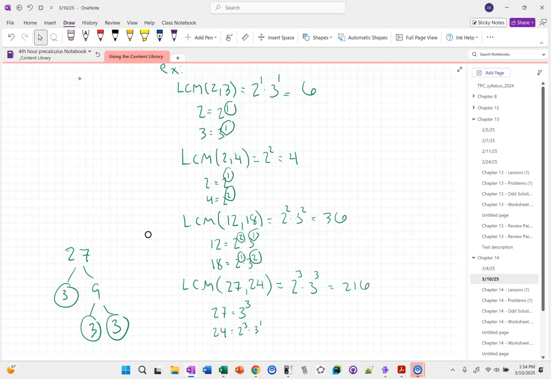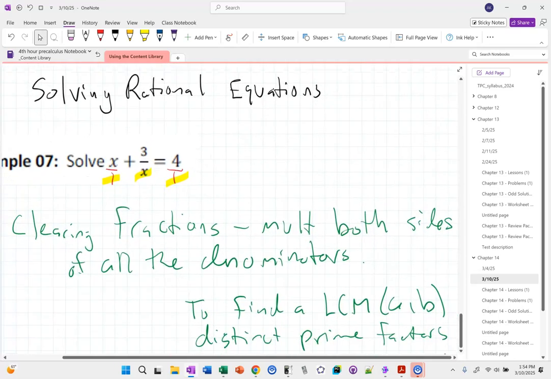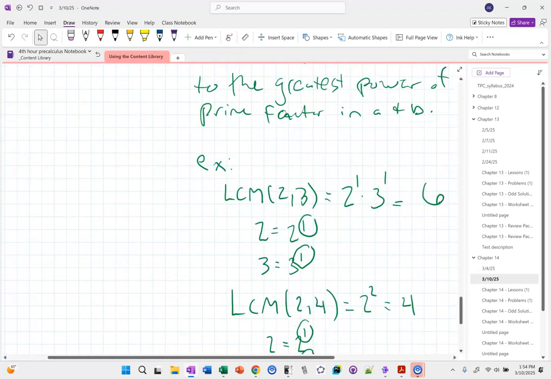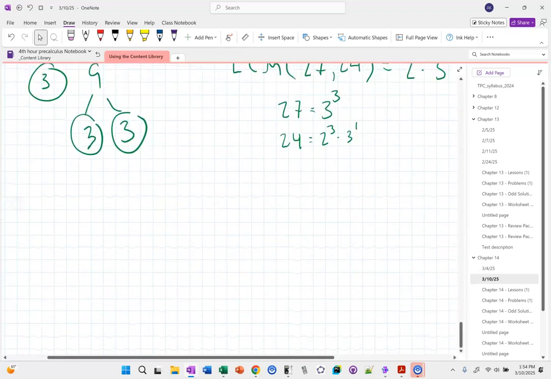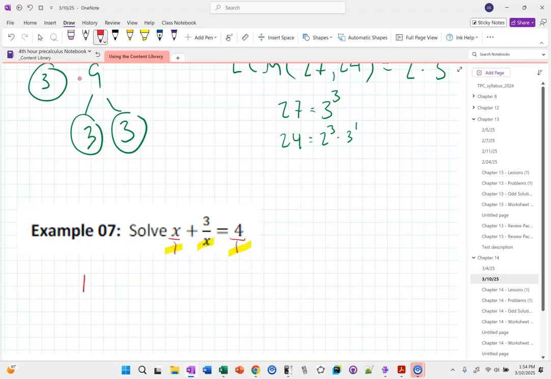Cool. So what does that mean for a situation like this, where we have 1 and x, right? So let's grab this equation again. We need to start by finding the least common multiple of 1 and x. Well, 1 is just equal to 1, right?